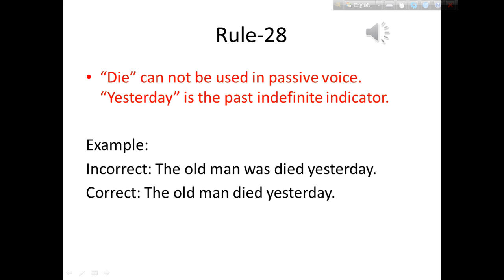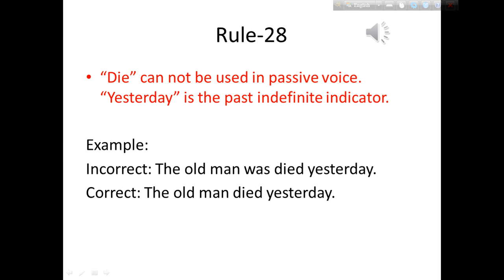In this given sentence we have to consider another rule, that is yesterday is the past indefinite indicator. That means whenever you find yesterday in a sentence, you have to keep in mind that this sentence will be a sentence of past indefinite tense. So let's see the given sentence. The example given here is: the old man was died yesterday.